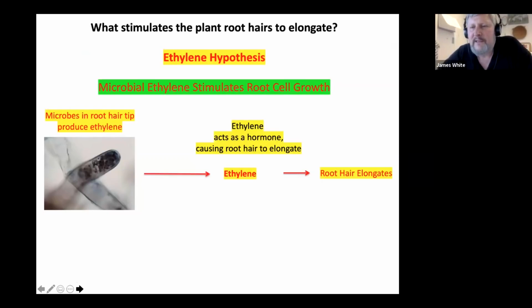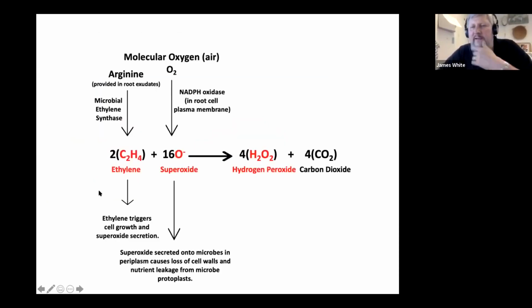But it's also something that these microbes are producing, the ethylene, and they're able to use that to trigger the plant roots to grow, and then the microbes can get nutrients when those cells are growing. Okay, so we figured out that this is actually the chemical interaction. This is one of two important chemical interactions that's happening between the microbes and the plants, intracellular microbes.